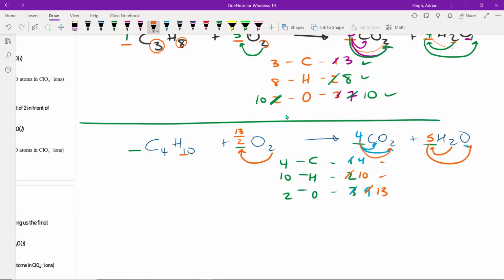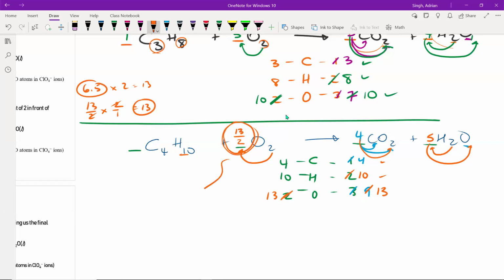So if I do the math, right, 13 over 2 times 2, the 2's cancel. So that actually does give me 13 O's on the left side, right? So they are balanced. However, I just used a fraction or a decimal, in other words, because this is the same as 6.5, right? It's the same as a decimal number.